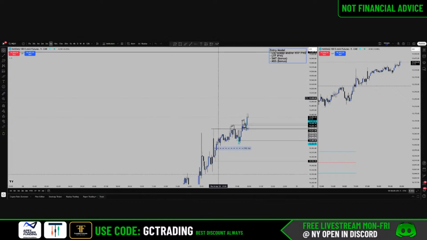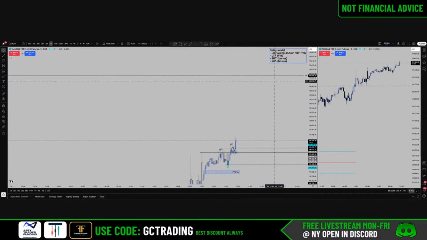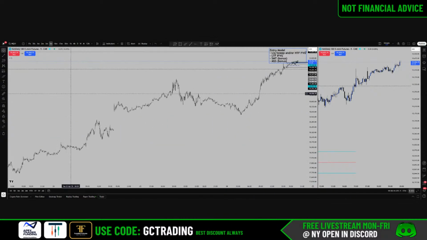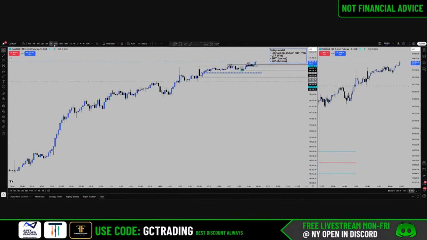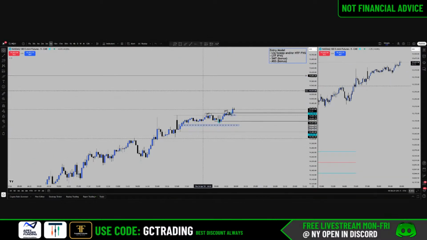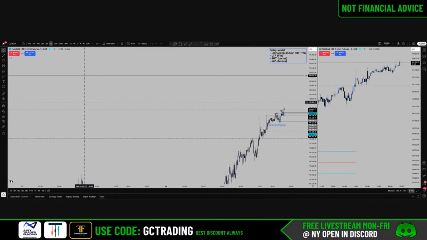So really, the next draw for NQ, at least from what I can see, is this order block. I mean, that's not even really a draw of liquidity. That's just the next area that price could reject that I can visually see on the chart.